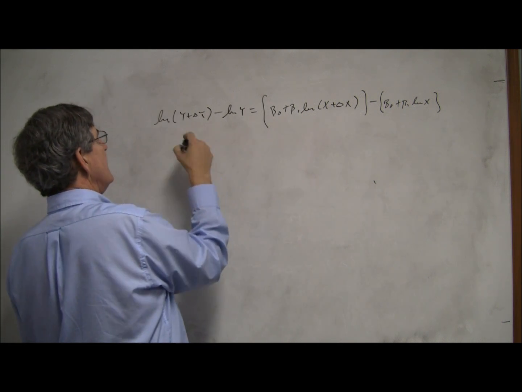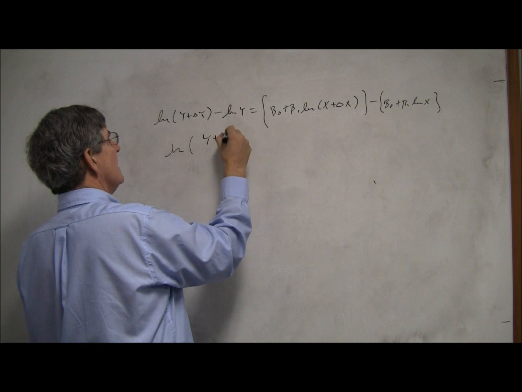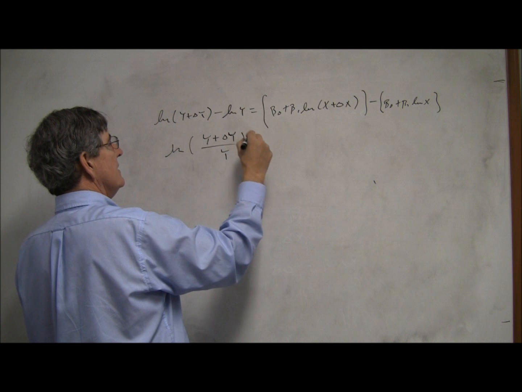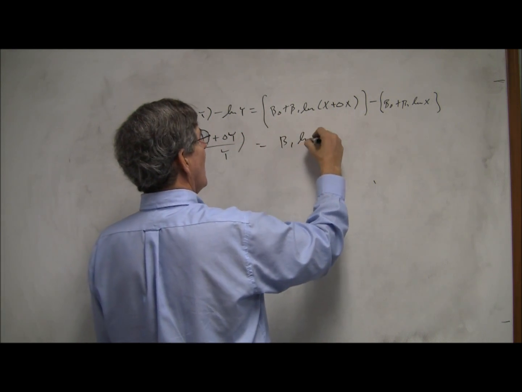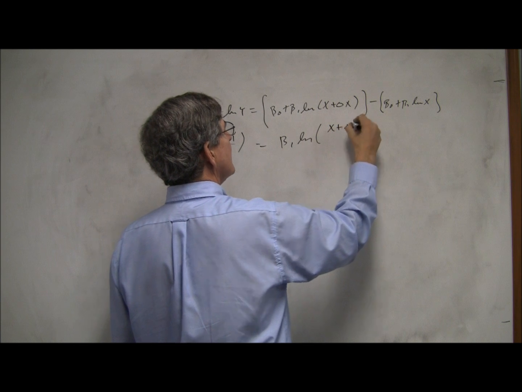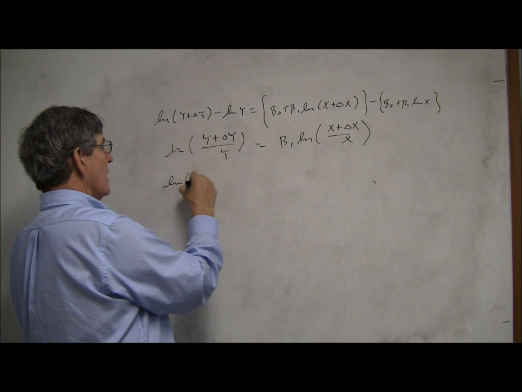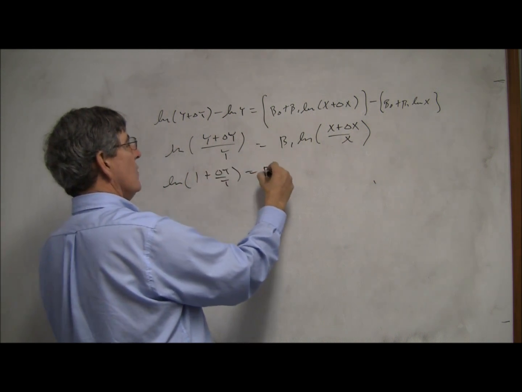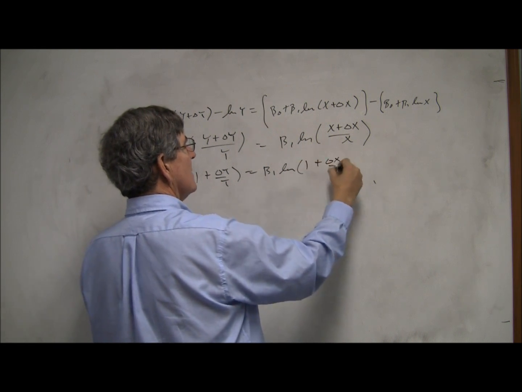Bring this inside, so the log of y plus delta y over y, the beta knots cancel, is beta 1 times the log of x plus delta x over x. And so the log of 1 plus delta y over y is beta 1 times the log of 1 plus delta x over x.